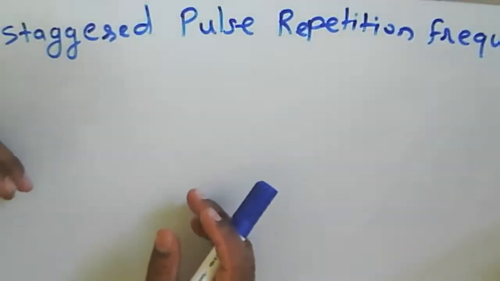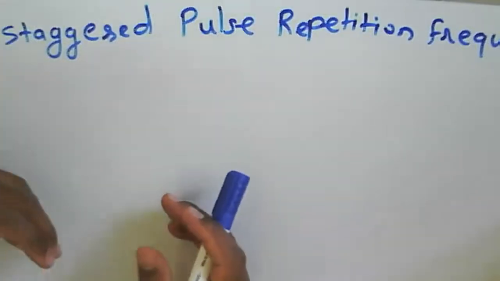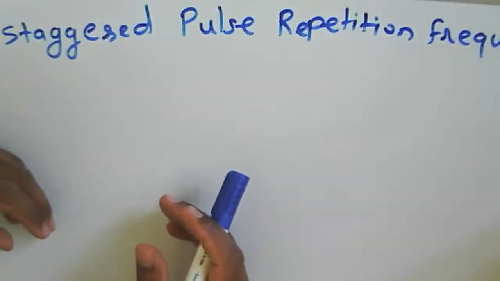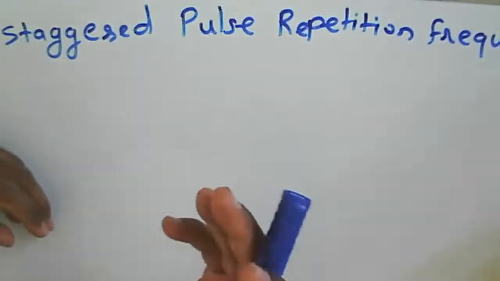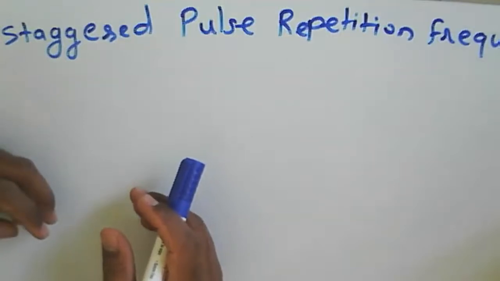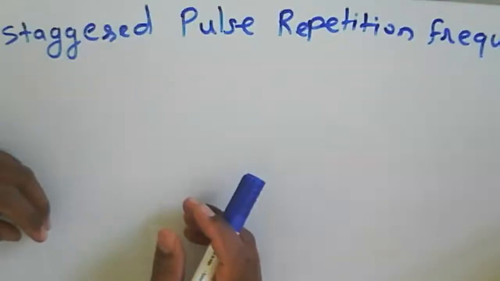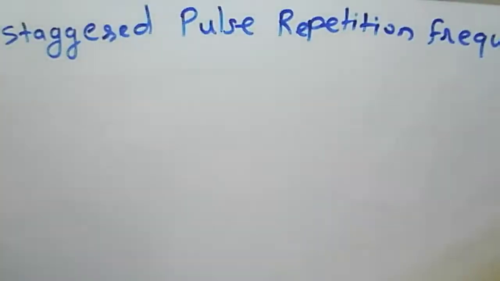Now, some blind speeds occur. To avoid those blind speeds, we are supposed to use a high frequency radar, or we can use a multiple frequency radar, which we have seen.